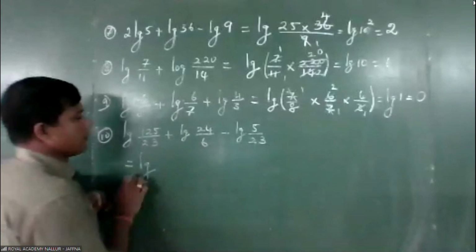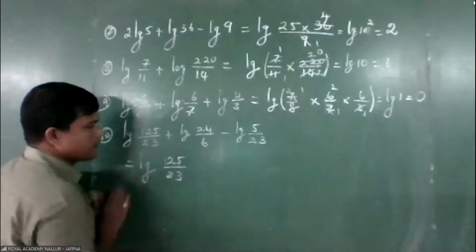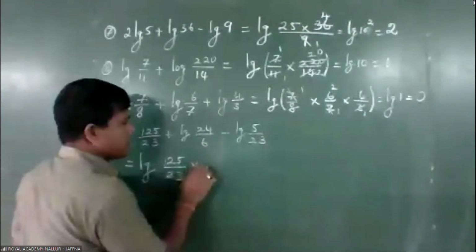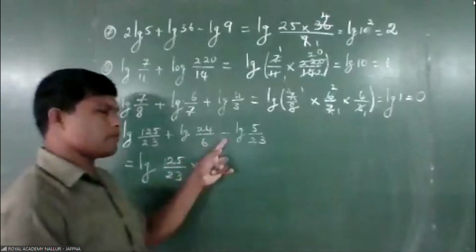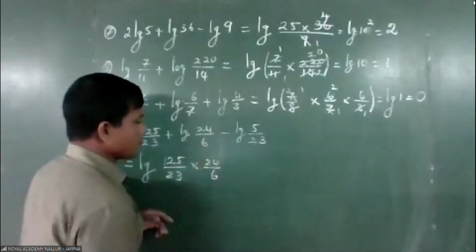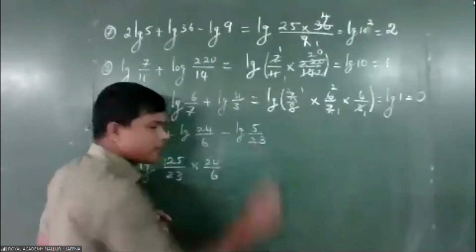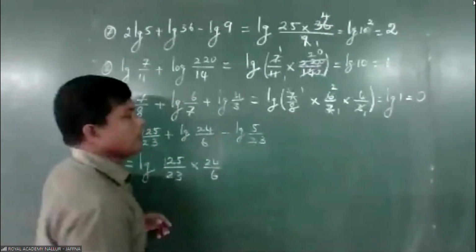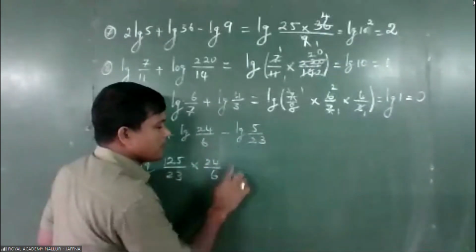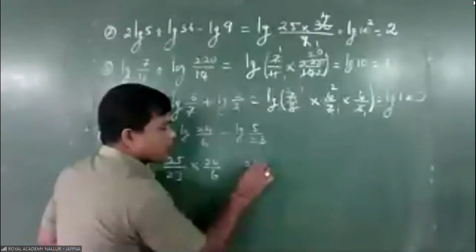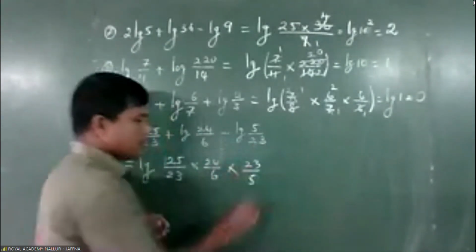Right, let's check. Log 125 by 23 here, plus makes multiplication here 24 by 6, minus makes it division. This division becomes multiplication when you take its reciprocal. Then if you use the reciprocal 23 by 5, that will be multiplied there.